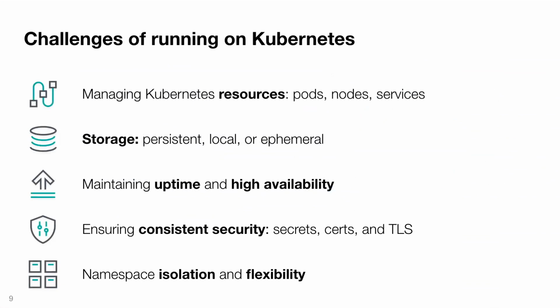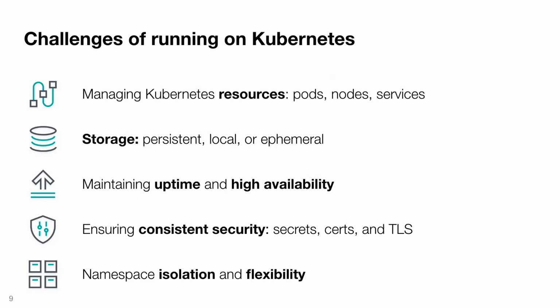But running applications on Kubernetes, as nice as it is with your orchestration and so on, also comes with a lot of challenges in itself. All the resources are just generic, so without the operator it doesn't know anything about the dependencies that you have.